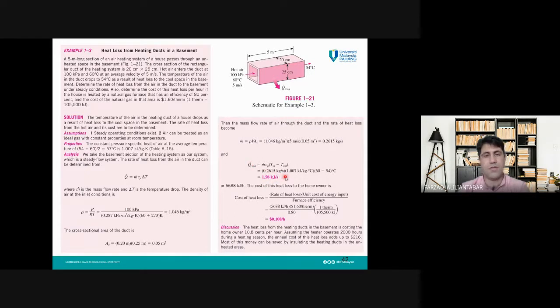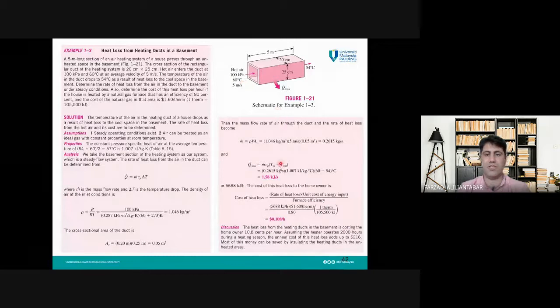So this is the answer for part one of the question. We have calculated the rate of heat loss from this duct to the surrounding. So this duct actually is in the basement, and we don't want this duct to have this heat transfer. We need to insulate this duct, and this duct just transfers the hot air.